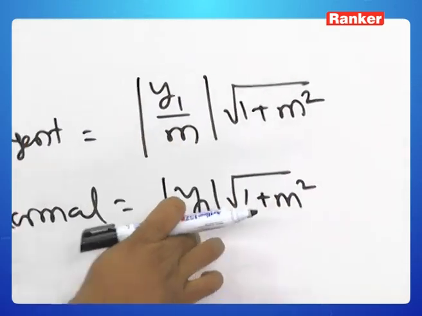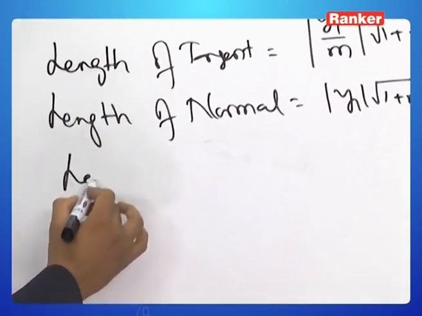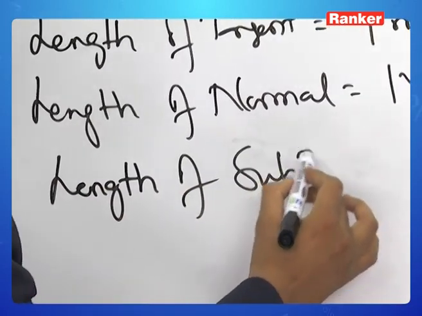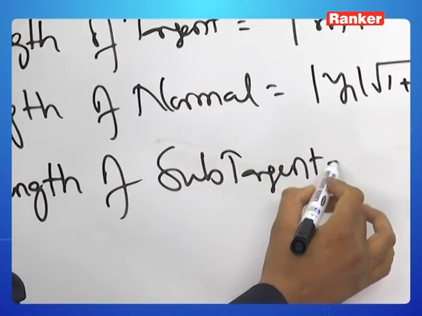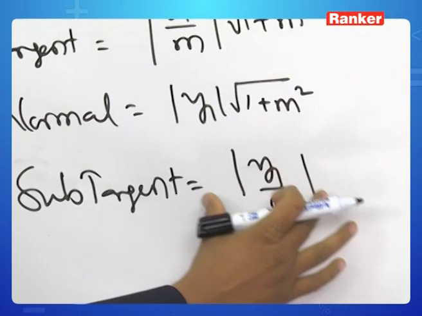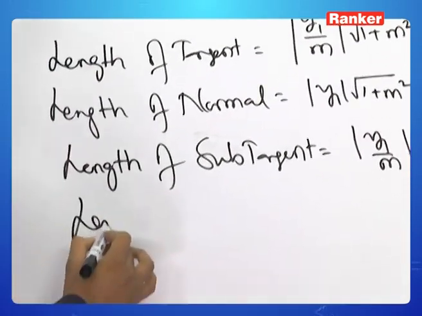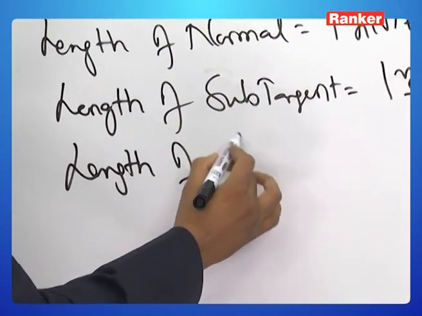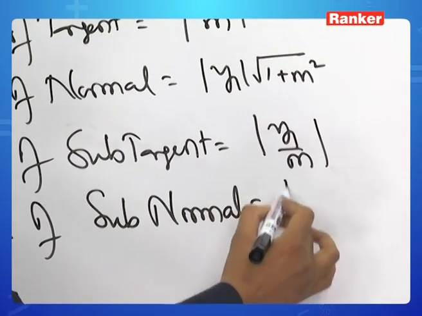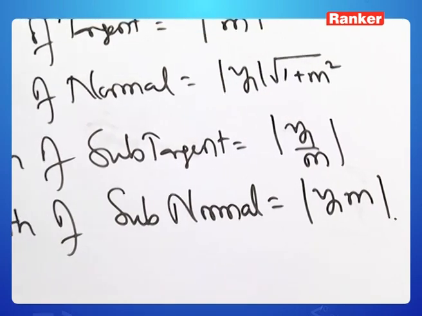The only difference is m in the denominator is not there in the normal, it is there in the tangent. Length of subtangent is mod y1 by m, the same term as tangent except for root over 1 plus m square, and length of subnormal is mod y1 into m.